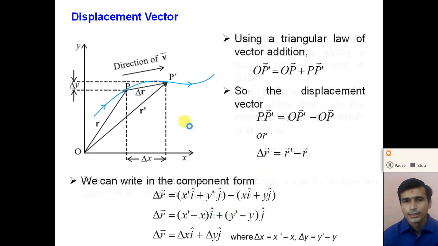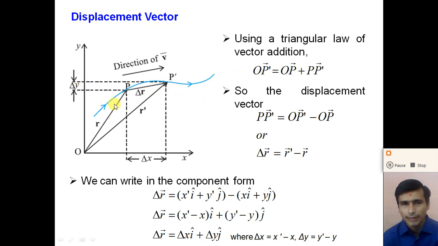So here, how can we represent the displacement vector? The displacement of the particle is the vector PP'. Here the vector PP' is the displacement vector of the particle during the time t and t'. So the vector joining the initial position and the final position is called the displacement vector.